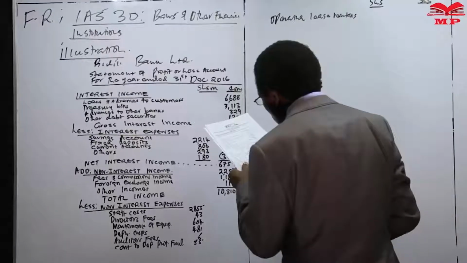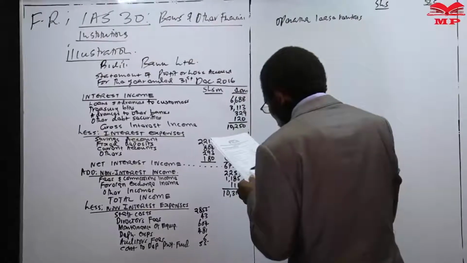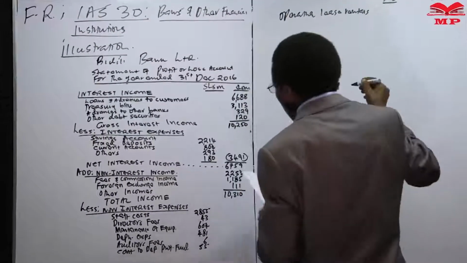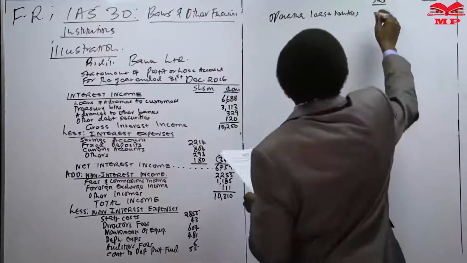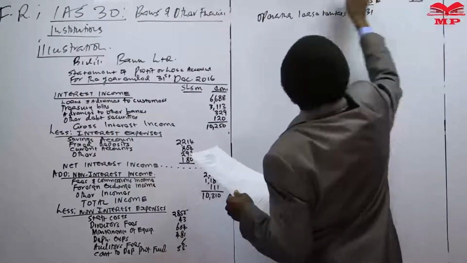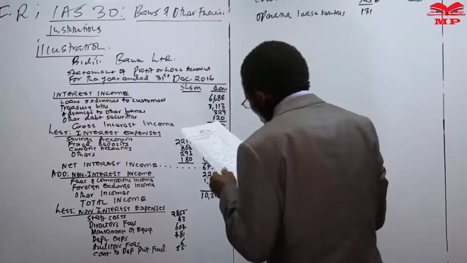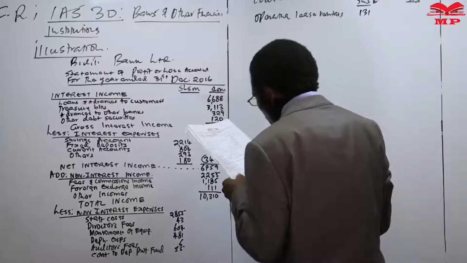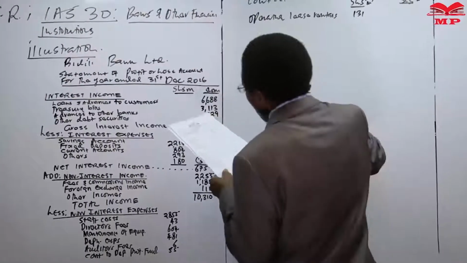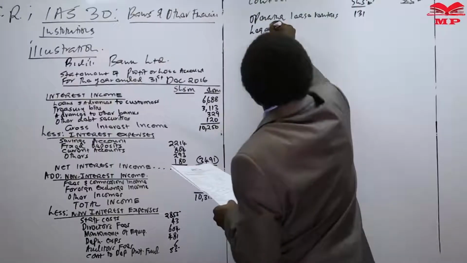Operating lease rentals is 131 million. Then we also have legal and professional fees.